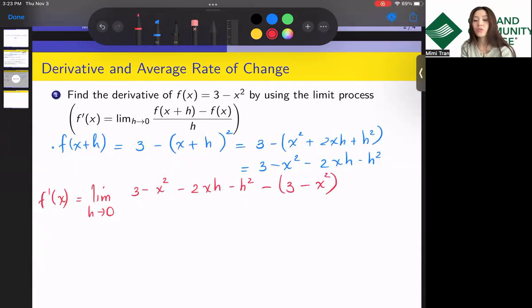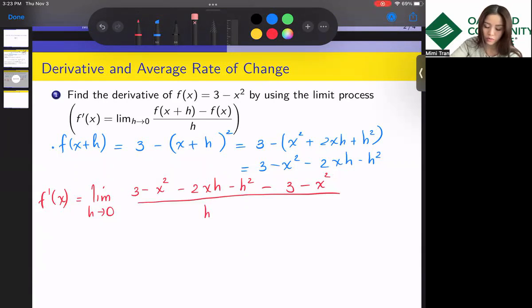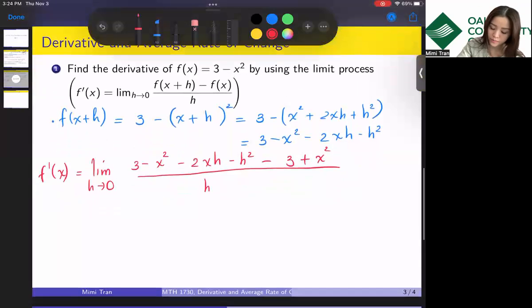Make sure you put parentheses around the f of x function, over h. Now, I'm going to distribute the negative here for the f of x function. So when I remove the parentheses, it changes sign, right? So minus 3 plus x squared.